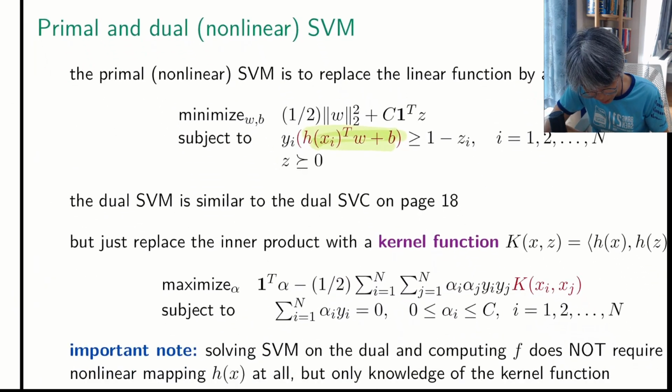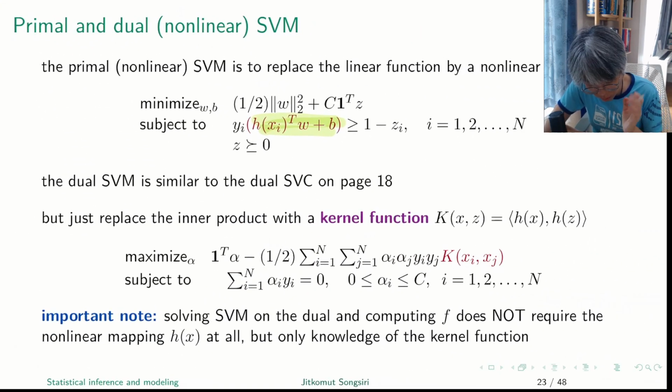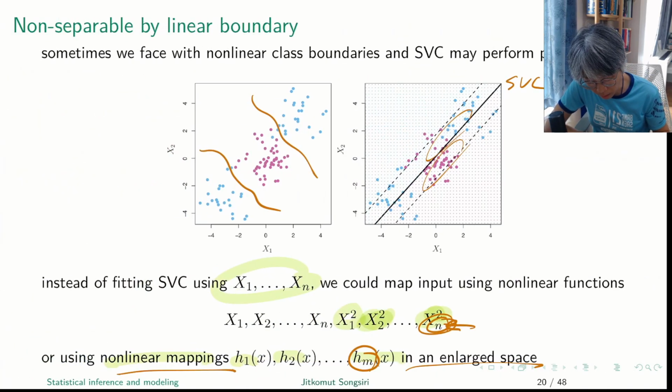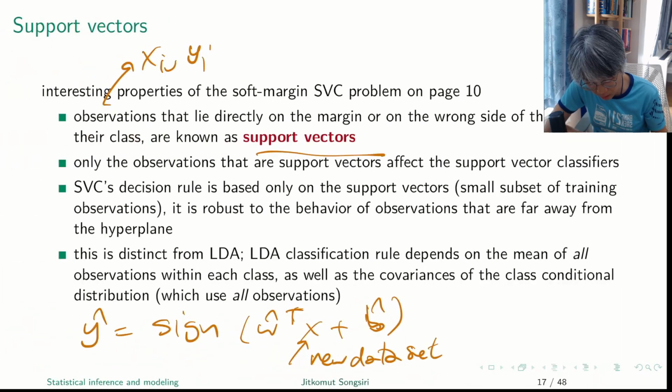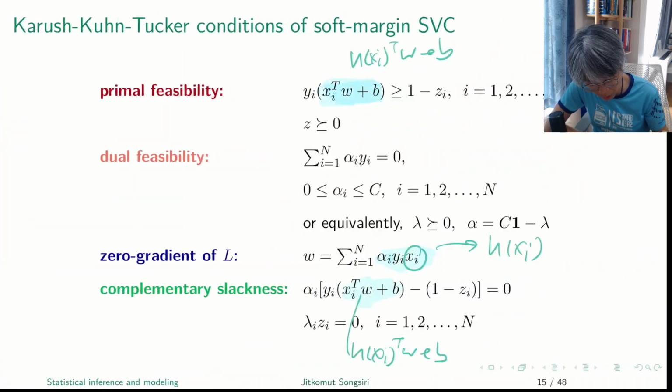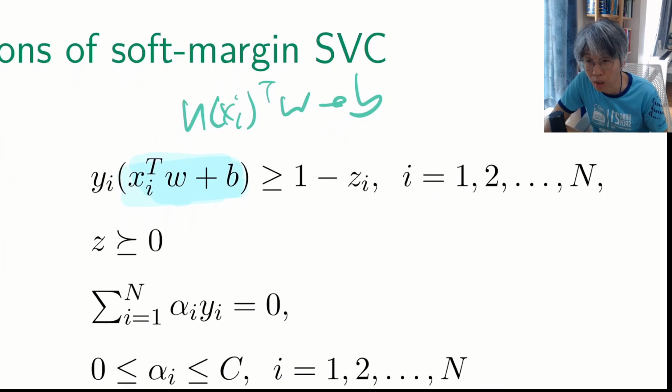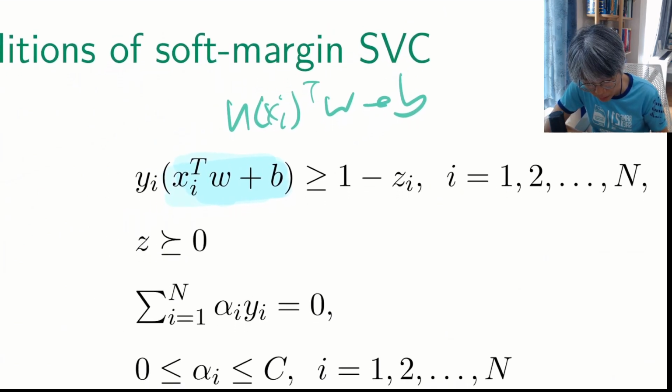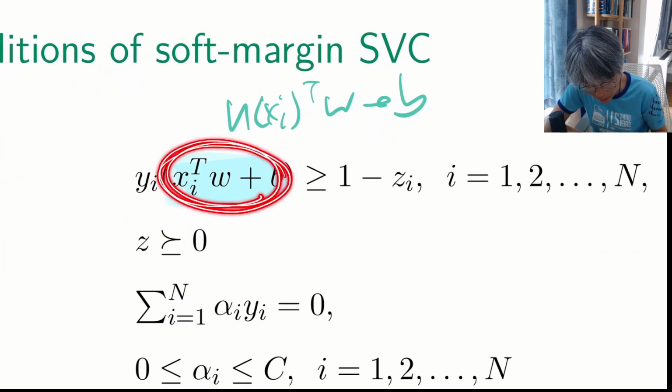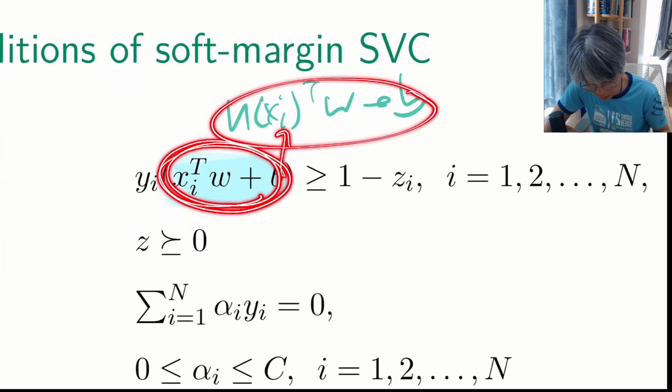We follow the same dual derivation steps, and we will end up with similar KKT conditions. Let me point out here, this is the KKT condition for SVC, but for nonlinear SVM, the term that is originally linear in x is now replaced with nonlinear in x.